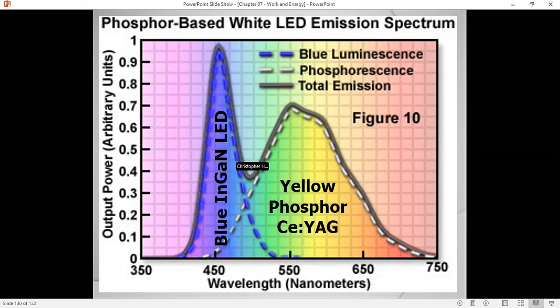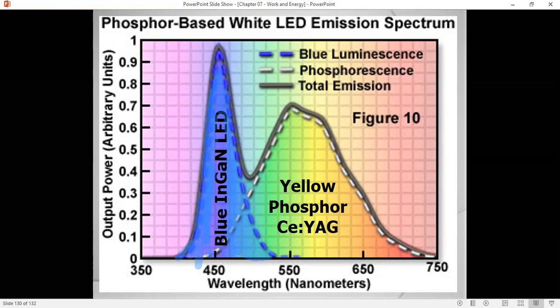is the blue LED. The blue LED was producing light, as its name implies, in the blue end of the spectrum, also somewhat into the violet part of the spectrum. So you have blue and violet light right here coming from this.